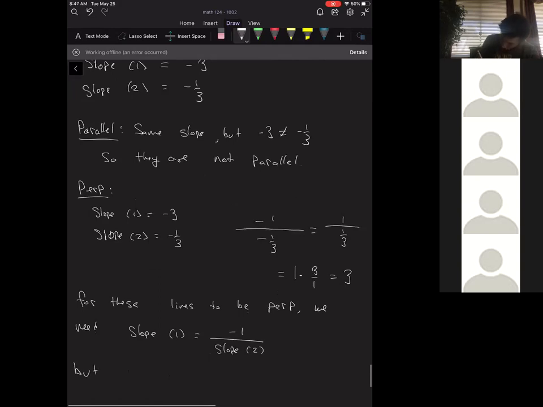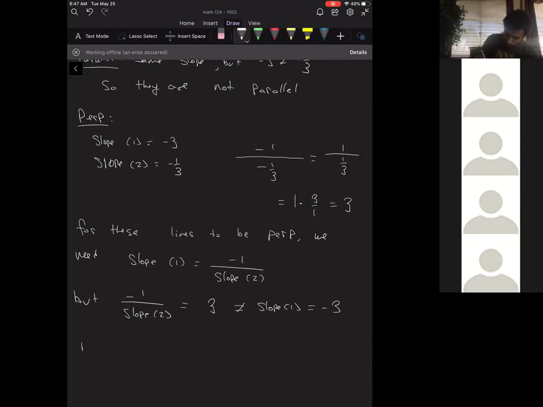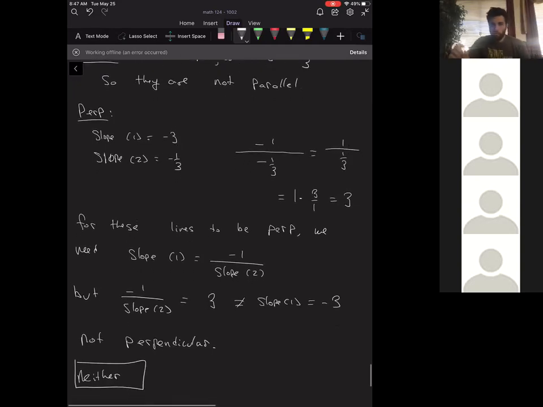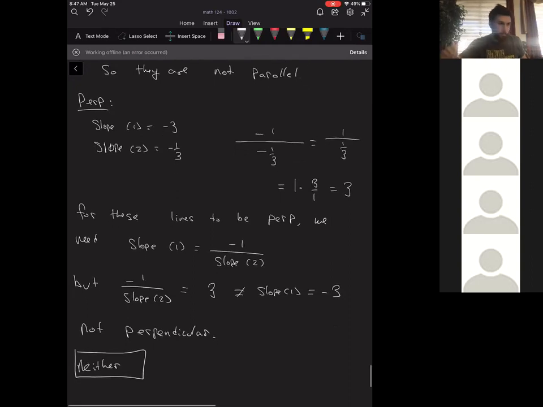But we just calculated minus 1 divided by the slope of 2, and we got positive 3. This does not equal the slope of line 1, which is equal to minus 3. So these lines are not perpendicular. That tells us these lines are going to be neither. If you're not perpendicular and you're not parallel, you're neither. Okay, that takes care of that problem.